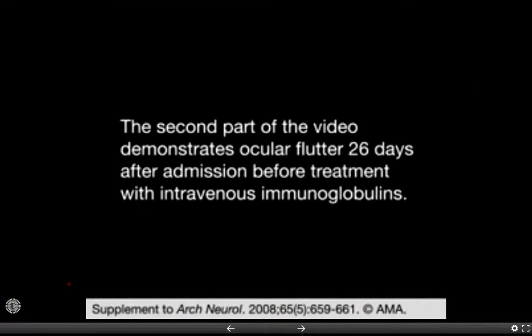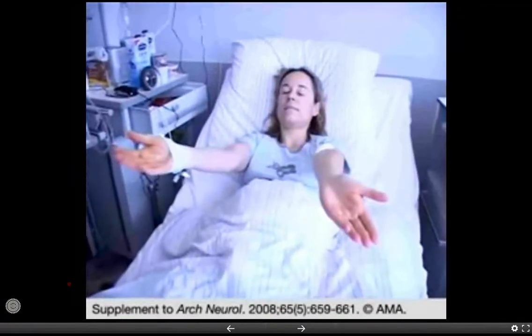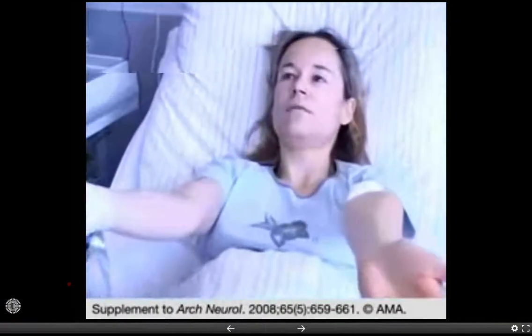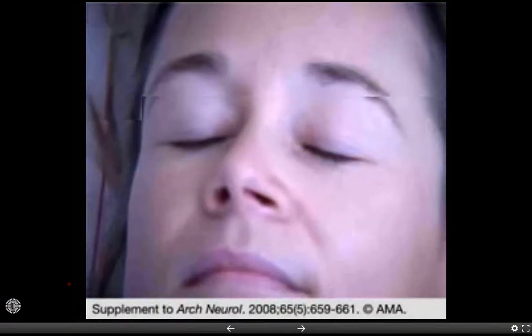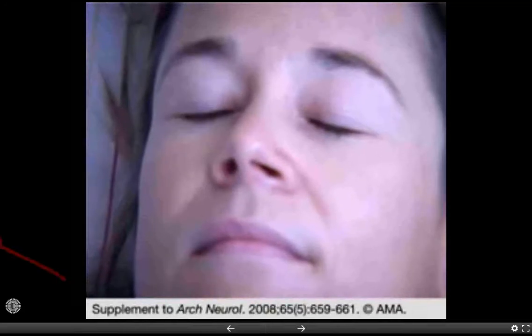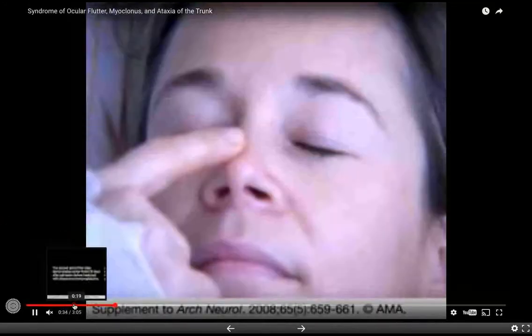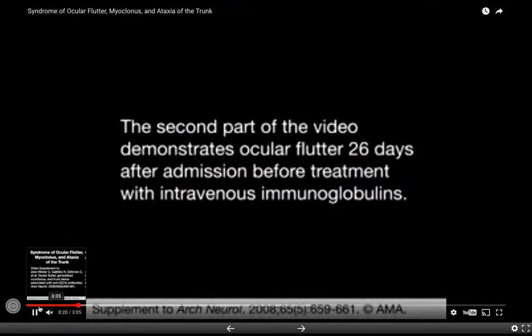This is a patient that has an oculomotor dysfunction related to, I believe, a primary, let's see, probably told us what she had.